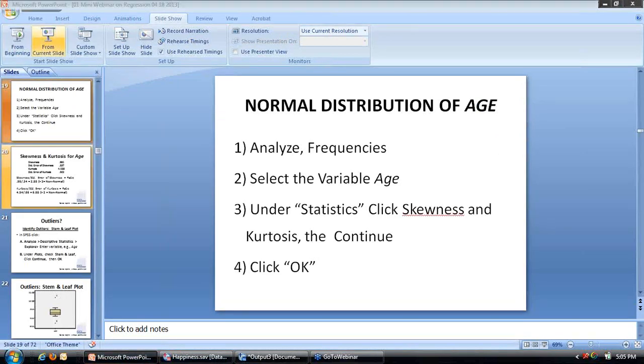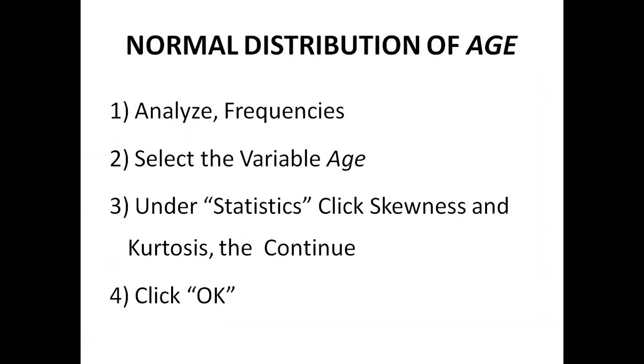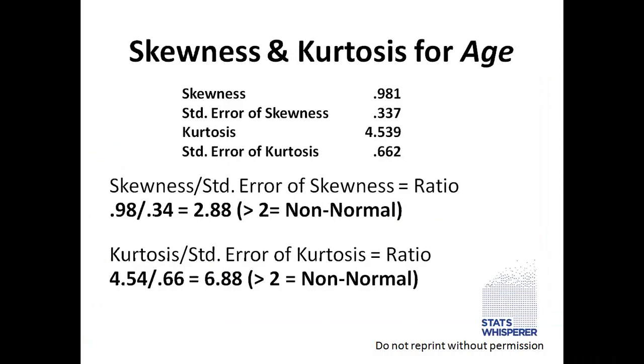So, right, so here's our path that we followed in SPSS. And there's our skewness and kurtosis that we computed. So you see, right, so all you do is divide the skewness 0.98 by the standard error, which is rounded down to 0.34, which comes out to 2.88.